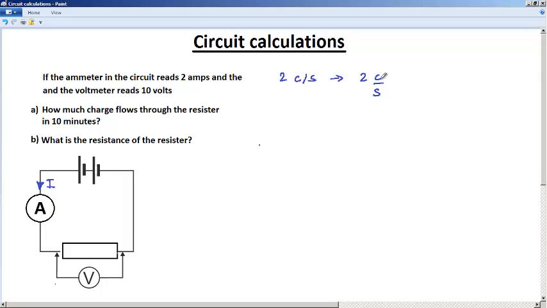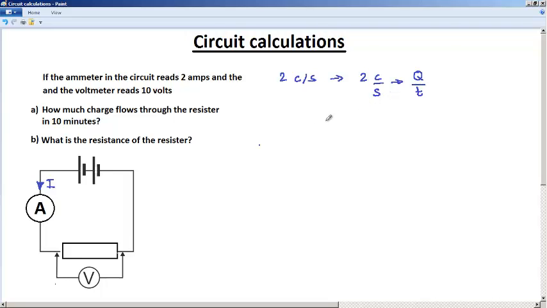This coulomb is the unit for which quantity? Well, it's the unit for the quantity charge, which has an equation symbol Q, and s is the unit for which quantity? Well, it's the quantity time, which has a symbol T. So from the unit we can go to the correct expression.